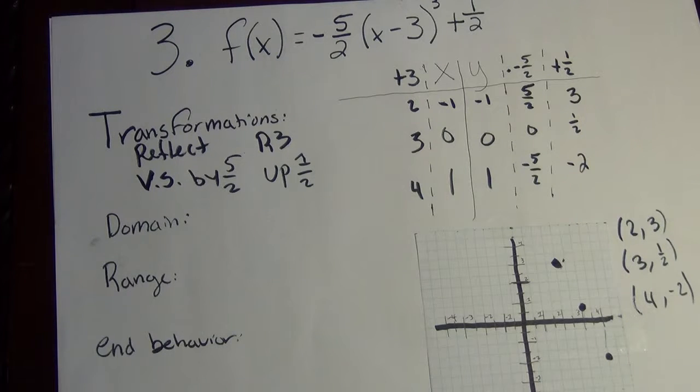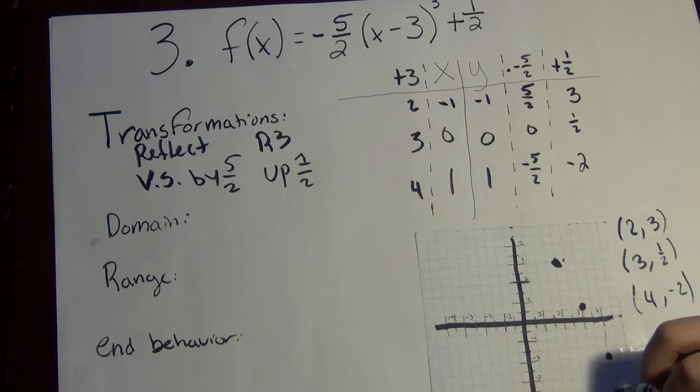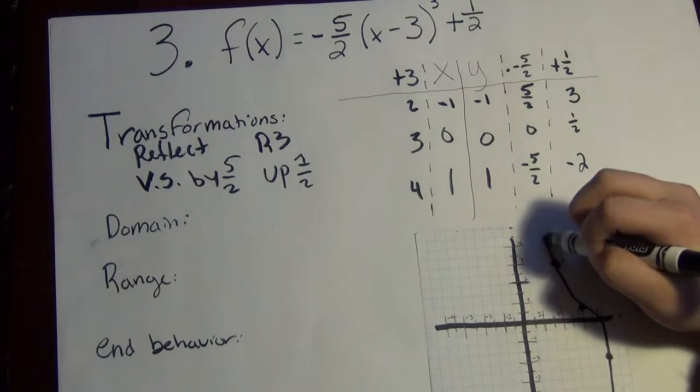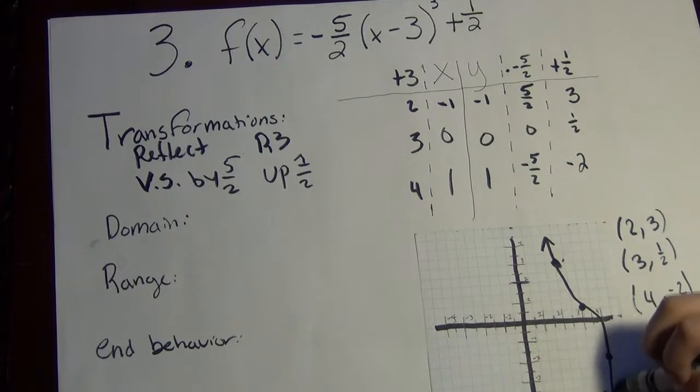Alright, and then since this is negative, it's going to be coming up from the left and down from the right. So start down here, up, and there, just like that.